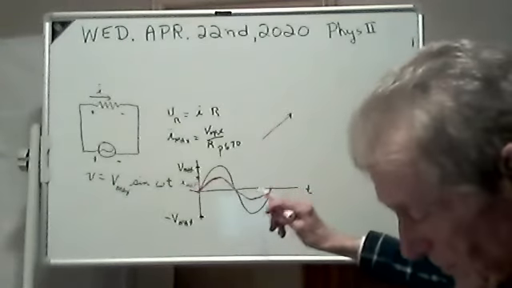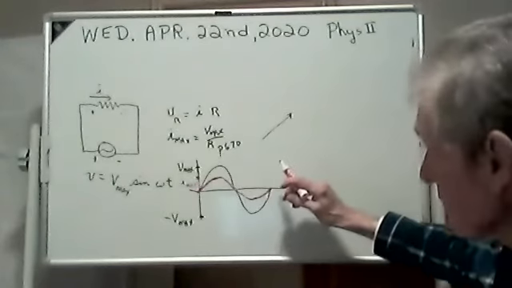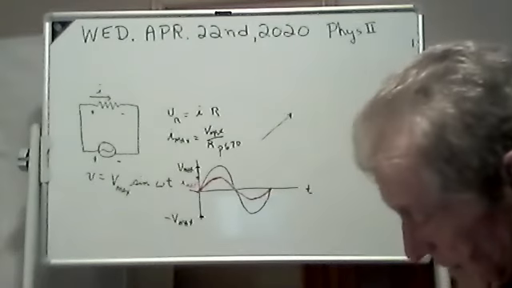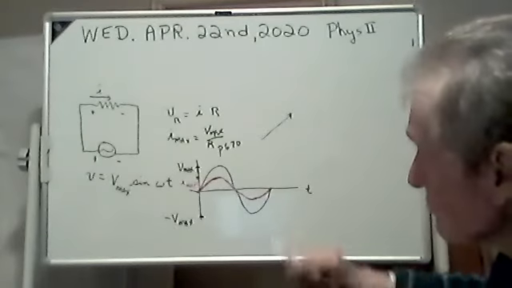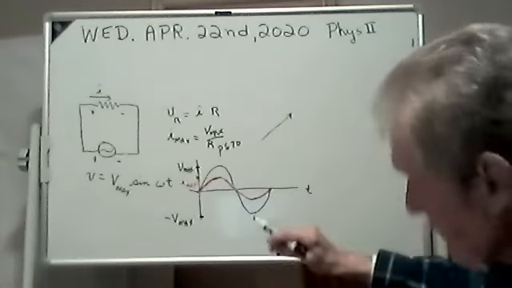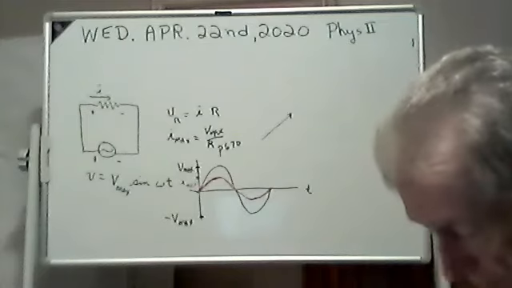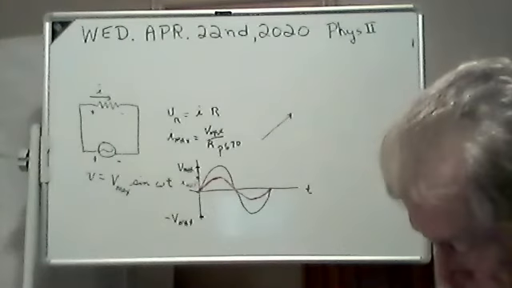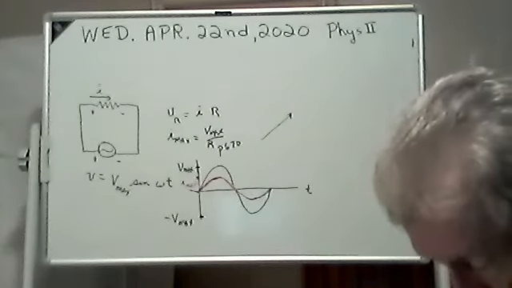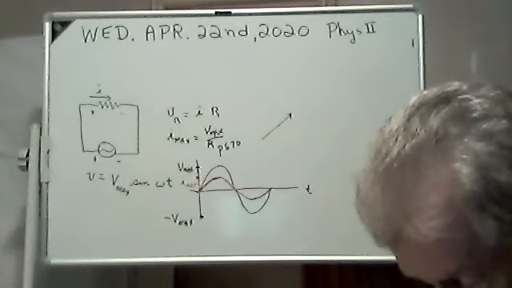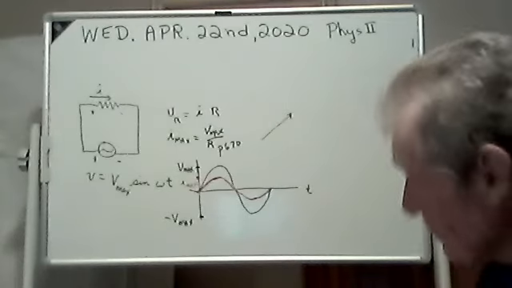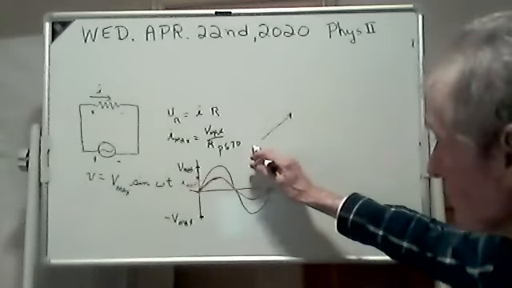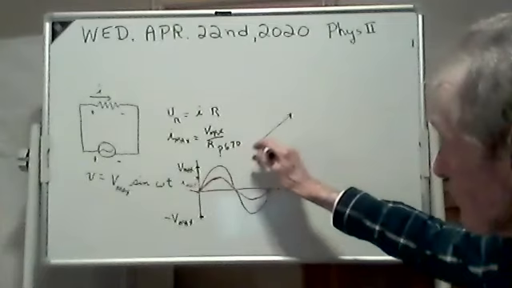I'm drawing mine a little different than theirs. I think they changed colors on me here. They got their voltage in red, and they're confusing us here, and the current in blue. And over here, they have the voltage in blue and the current in red. Oh, well, we won't get too confused, I hope.